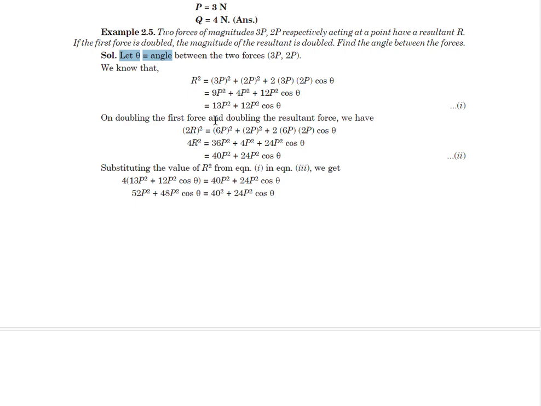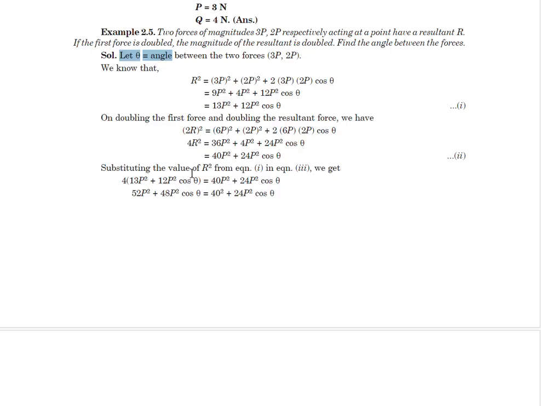So R becomes 2R, 3P becomes 6P, and 2P has no change, so 2P stays 2P, and here again this is 6P in place of 3P, and 2 into 6P into 2P into cos theta. The angle remains unchanged. So this is the new equation that we found, and 4R square is equal to 40P square plus 24P square cos theta.